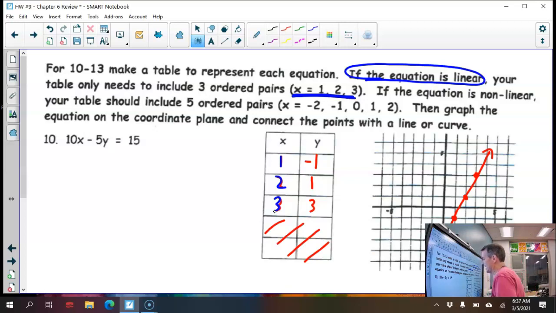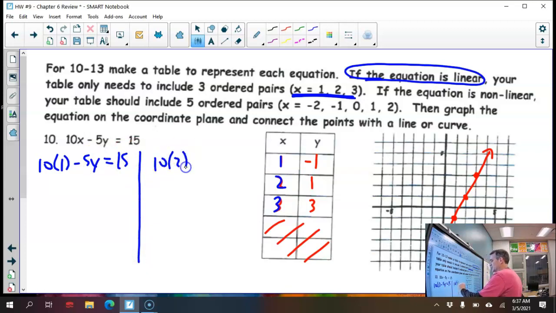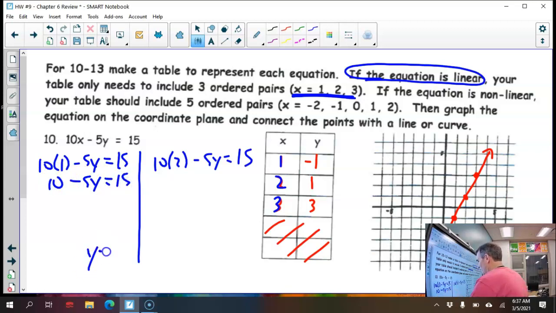Then I need to figure out the y values that go with them. So to figure out the y values, I take each x value and I substitute it into the equation. So it would look like that. And I would put 2 in for x. And I'll do 3. So this one, 10 times 1 is 10 minus 5y equals 15. I am trying to figure out what y value I get when I put 1 in for x.